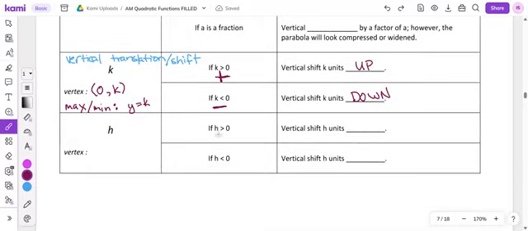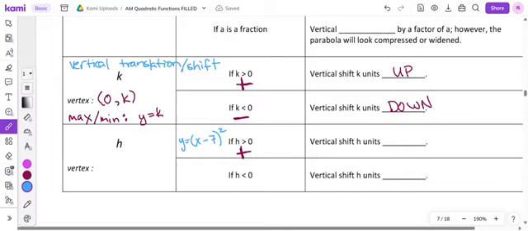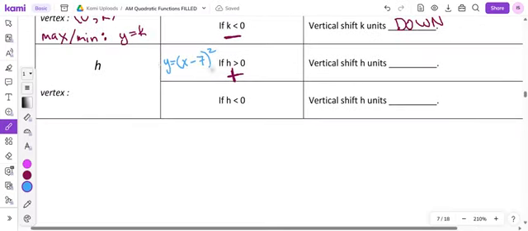So if your h is greater than 0, if it's positive, the parabola might look like this. Let's write an example. It would be y equals x minus 7 squared, right? So the h is inside the bracket. And I kind of think of it, well, it's moving the x.